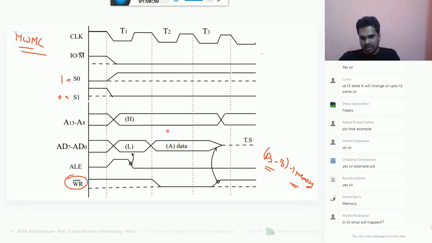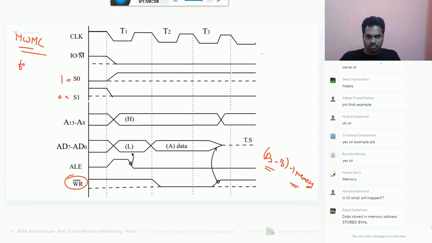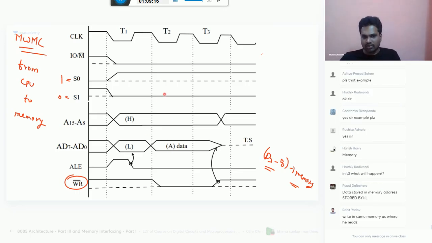In T2, memory write means data from CPU to memory. It may be accumulator or anything. Whatever you are having, that data will come to the data bus. Then in T3, once write is completed, the particular data will be written.